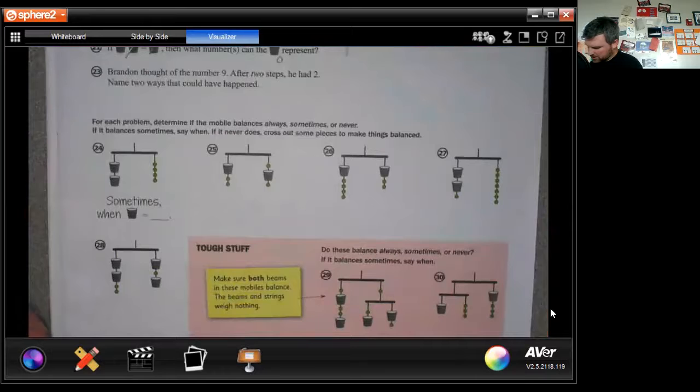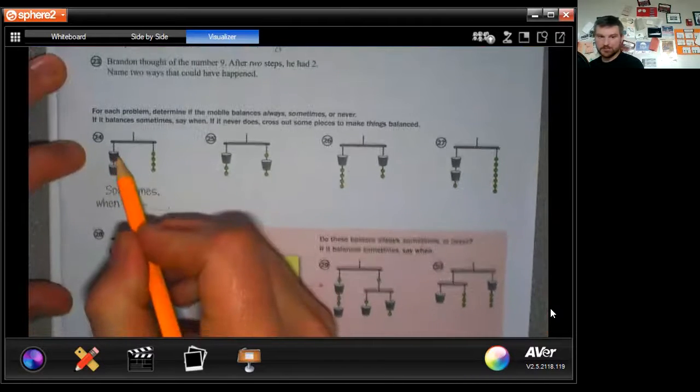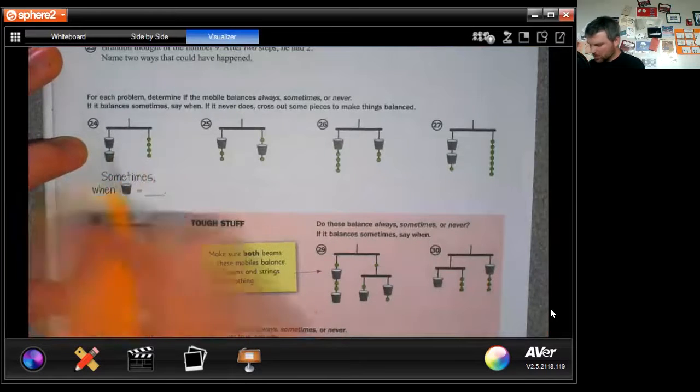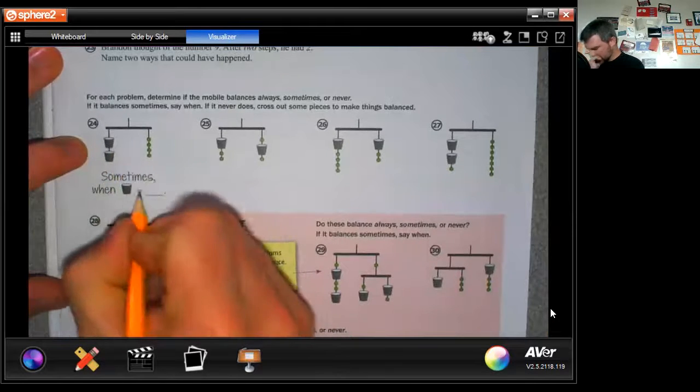For each problem, determine if the mobile balances always, sometimes, or never. If it balances sometimes, say when. If it never does, cross out some pieces to make things balance. Okay, right here on 24, it says that this will sometimes balance when the bucket equals what?